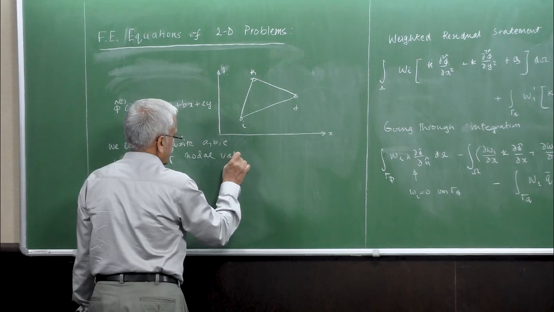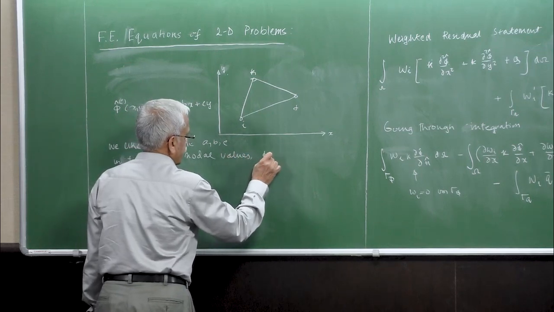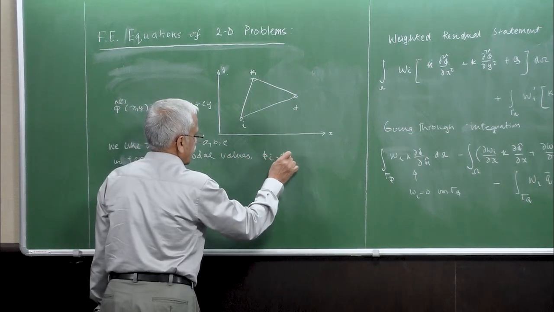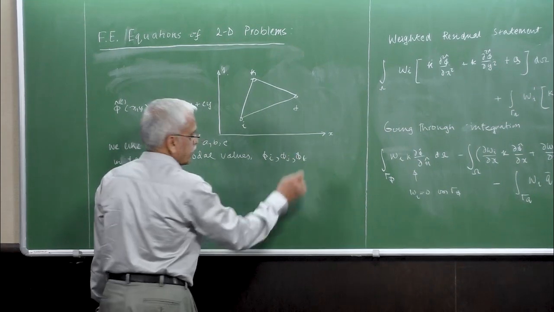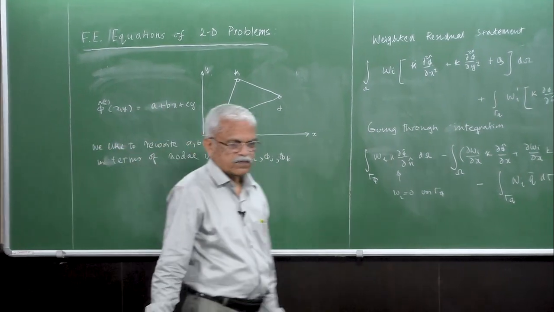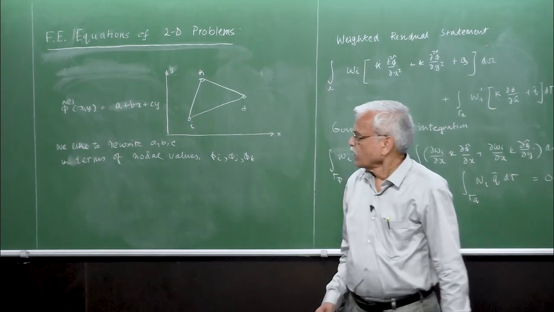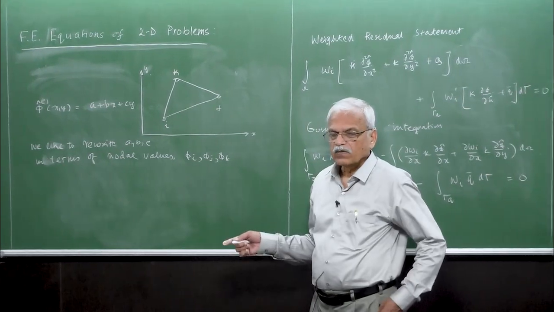So here, say phi I, phi j, phi k. So these phi I, phi j, phi k are the three nodes.